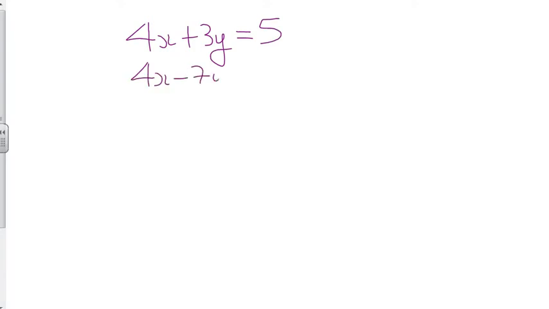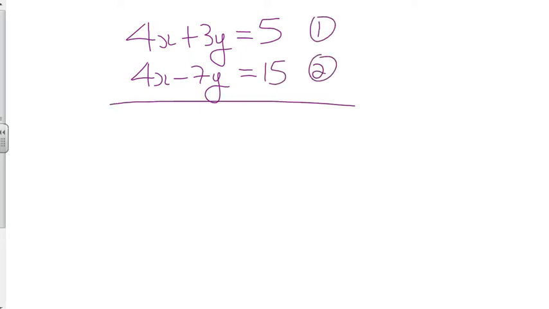Okay. What if? Well, let's do one where maybe we subtract. So 4x plus 3y equals 5, and 4x minus 7y equals 15. 1, 2. What do we do?